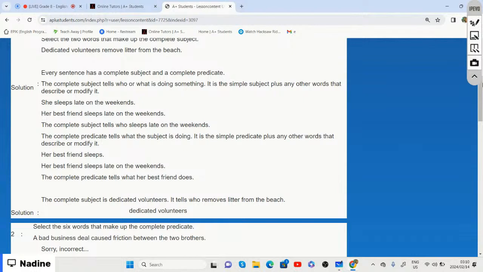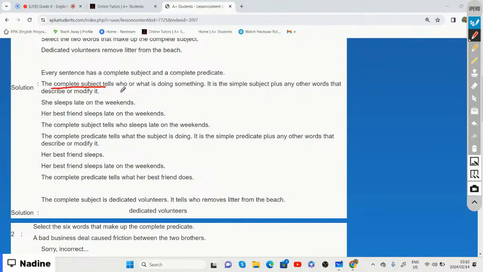And we say that a complete subject tells us who or what is doing something. It is a simple subject plus any other words that describe or modify it.